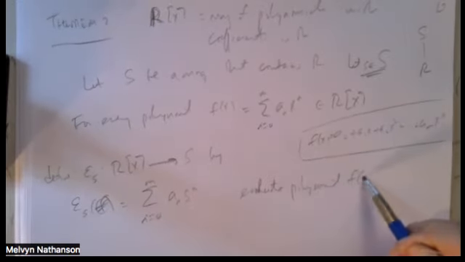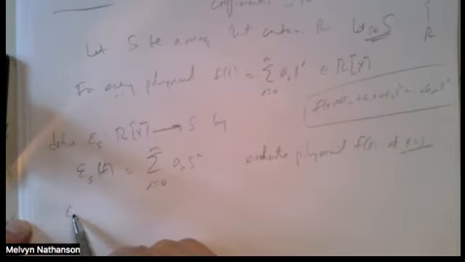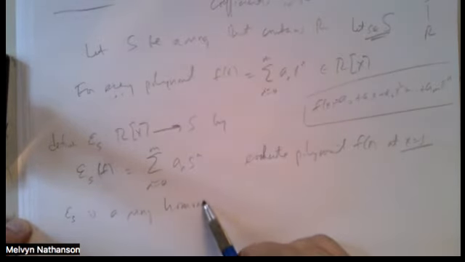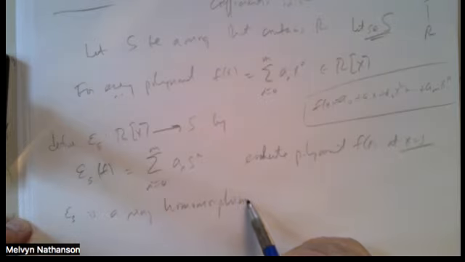Right? So this is what we would call evaluating the polynomial f of x at x equal to s. That is, you just substitute in s for this variable x, you calculate this number, that is epsilon sub s of f. And I claim epsilon s is a ring homomorphism.